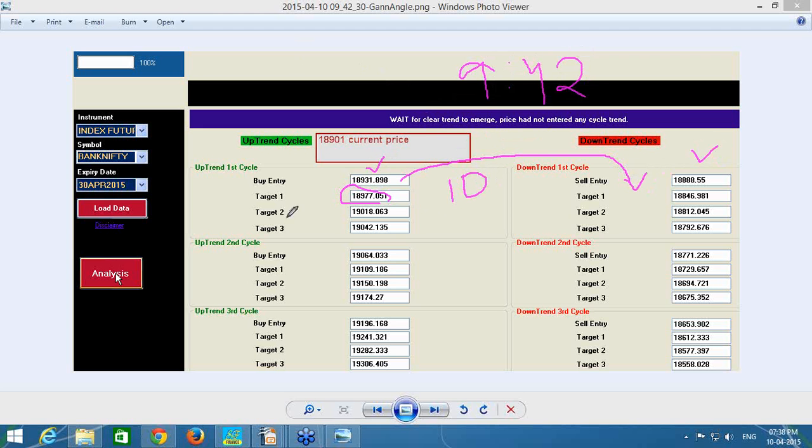For 1 hour, from 10 to 11, if you are finding that your price is not even completing cycle 1 after your entry, if the price is not crossing your first cycle, which is going to complete at 19,042, please quit the trade and come out.